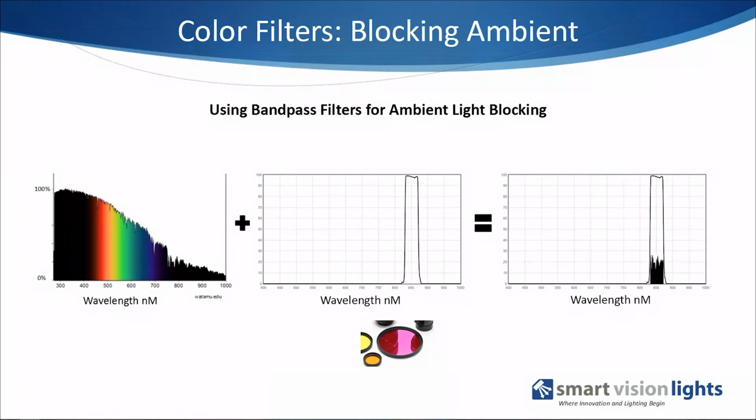So if we provided lighting using LEDs that are in the 850 nanometer area, which is a standard color that we do provide in many of our lights, then you can see with the notch filter on the third graph there on the right, you can see that we've chopped that little area of 850, imposed it within the area of the notch filter, and you can see that if we provided LED lighting that we would get a very strong signal there and only have a little bit of background ambient to overcome, and this is much more doable than trying to overcome it in the high percentage area of light that's contained in the visible area.